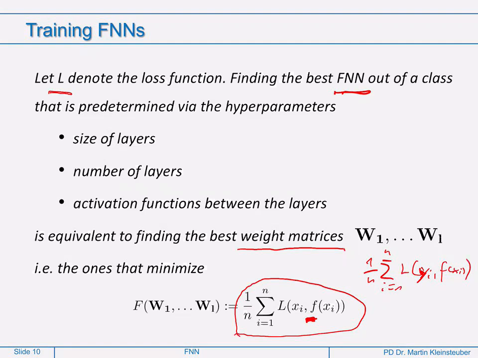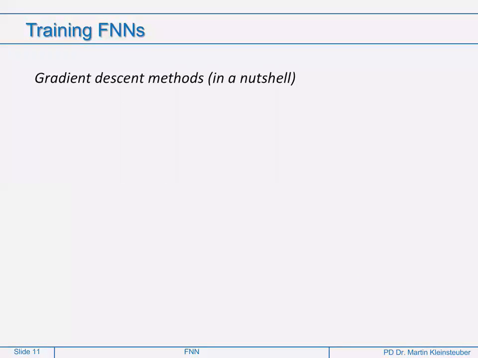I will still, for the notation issues, give you a very short overview, but I keep it short since all of you have already heard how these gradient descent methods actually work. So I try to present them here in a nutshell very quickly.